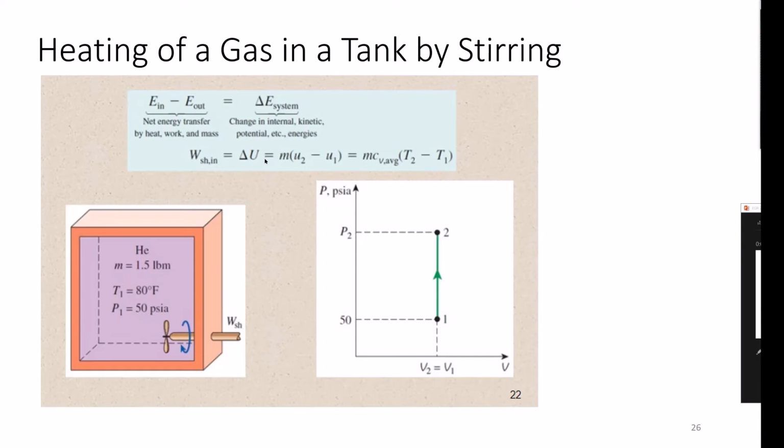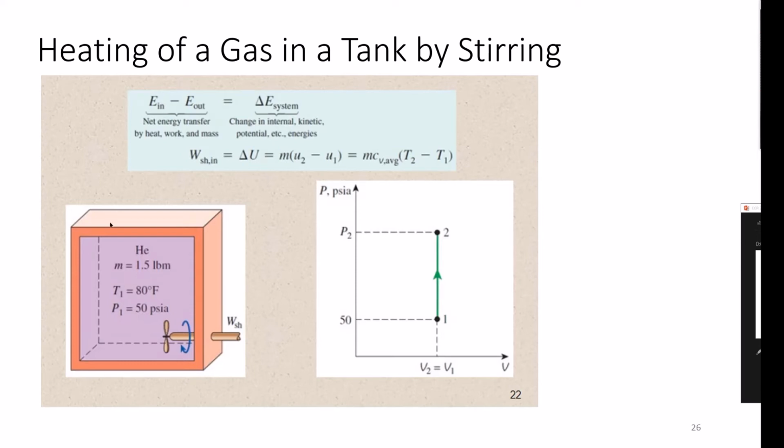So we could just write it in terms of the mass times the change in internal energy, which is essentially just equal to the mass times the specific heat average between those two temperatures. So essentially, what we had previously looked at.